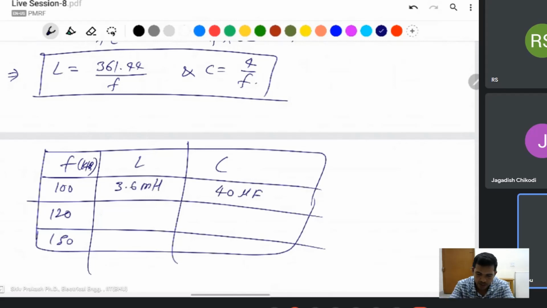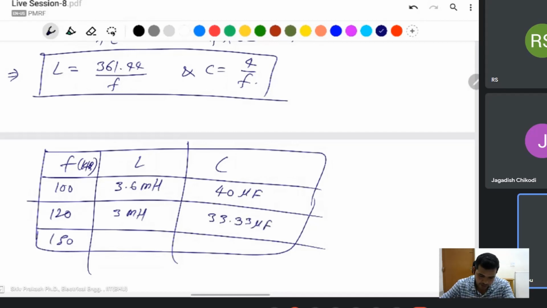For 120, 361 divided by 0.44 divided by 120, 3 millihenry, and this one is 4 divided by 120, 3 microfarad.